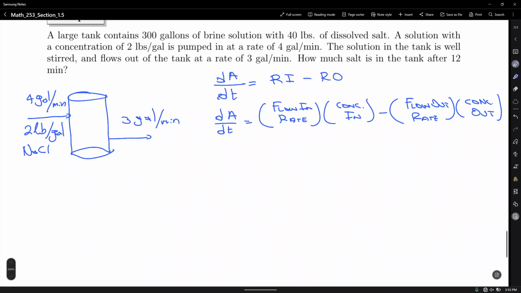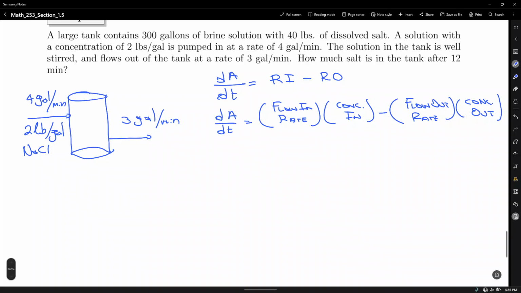So naturally, this was going to be a dissolving process, lowering the concentration.